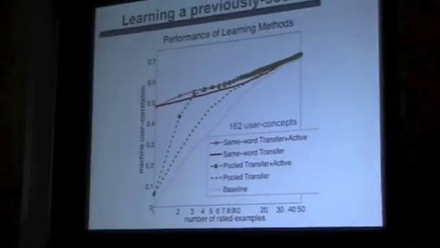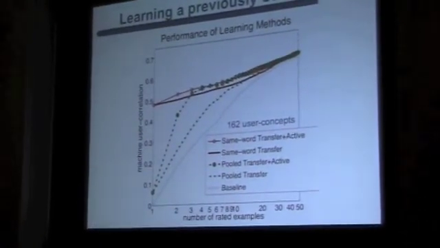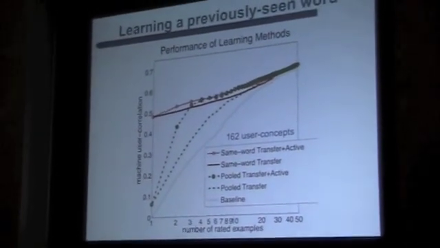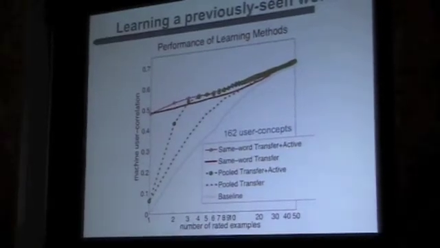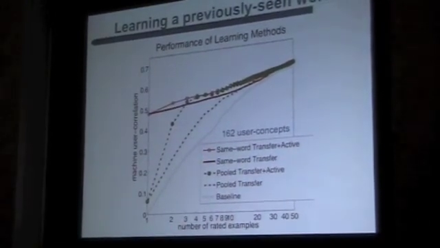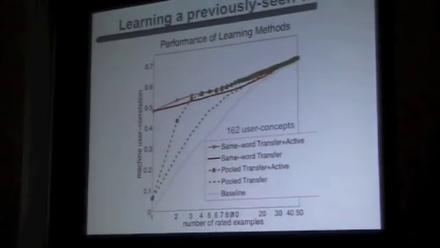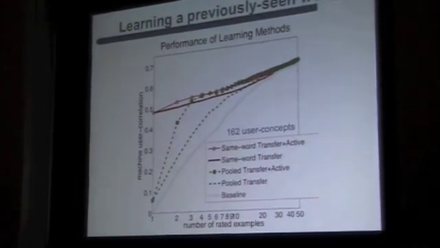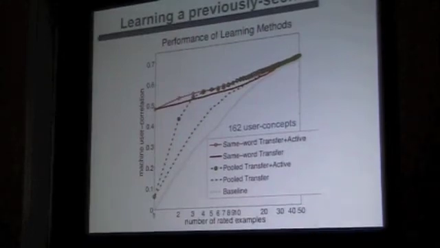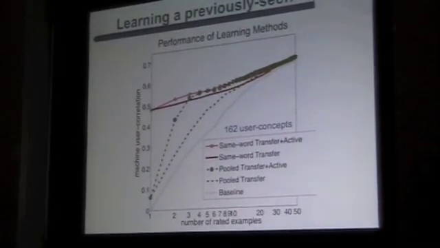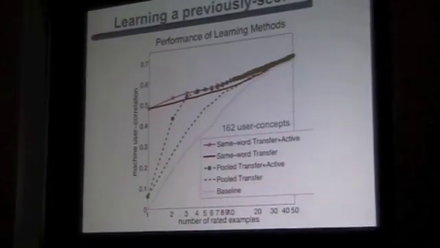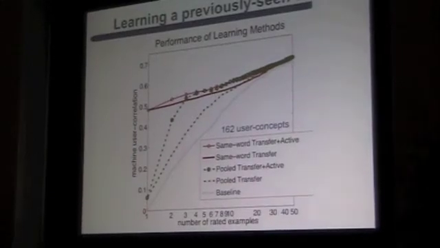Okay? And so the game here is, if you look at the bottom dashed line, that's our baseline learner. It starts from knowing nothing and takes a guess as to how you're going to rate the next example. Then after one example, 2 examples, 3 examples, it gets better and better at guessing how you would rate the next example it presents you. The next line up from that is the dashed green line, and that's the pooled transfer learning.